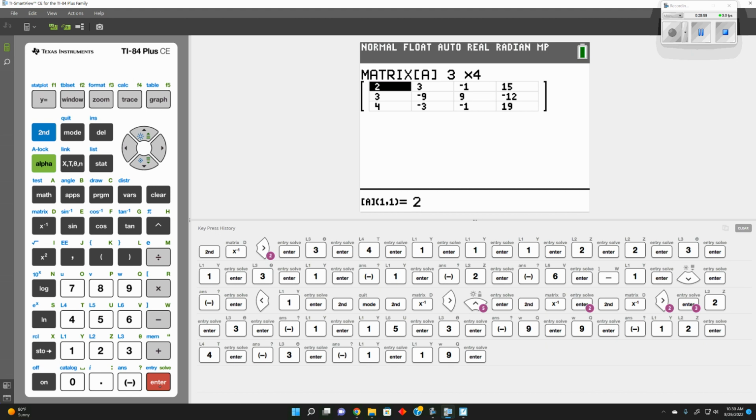So we got this here. So second matrix, yep, you can go left or right, either one works. One more. You can get the first one or second one, it doesn't matter.